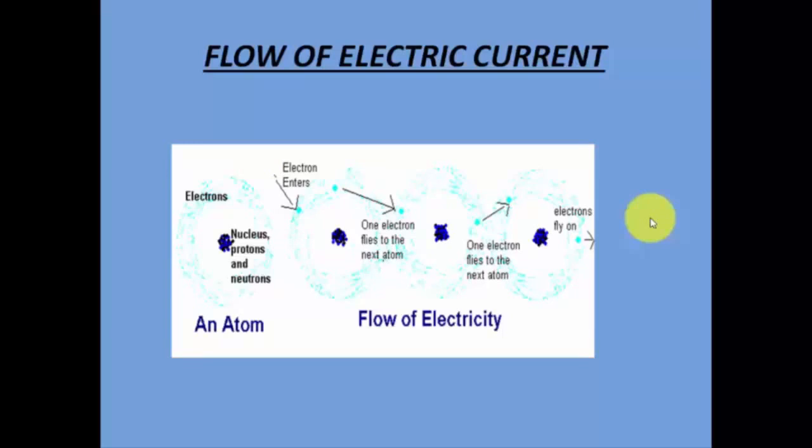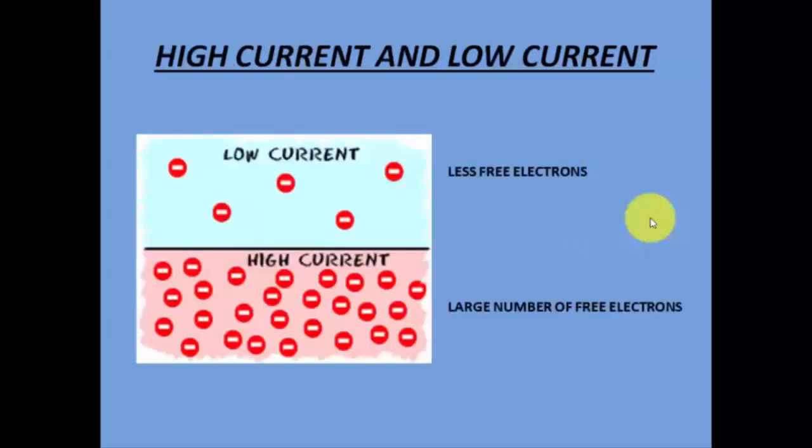Now you understand. In the previous video, when I said that the flow of electric current is from the negatively charged terminal to the positively charged terminal, this is what I meant: the free electron, which is negatively charged, will move like so. That is exactly how the electric current flows.